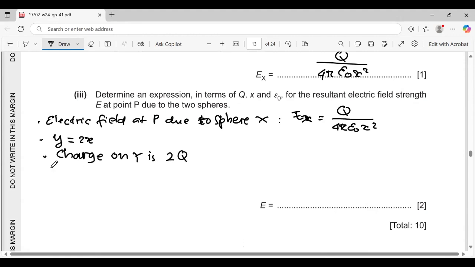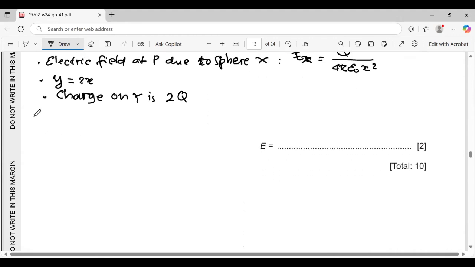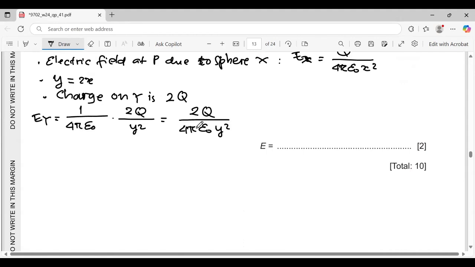Based on this information, we are going to calculate the electric field at P due to sphere Y. So Ey equals 1 over 4 pi epsilon 0 times 2Q over y squared. So it becomes 2Q over 4 pi epsilon 0 y squared.